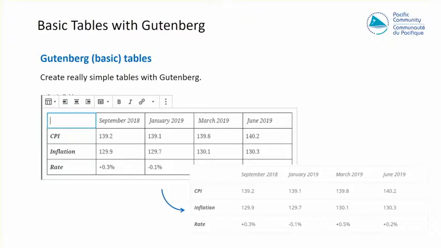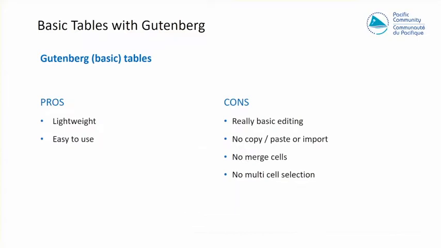So it's really basic. Still, if it works for you, well, do use this, because the simpler it is to use, the easier it is and the faster you create tables. So you can still look at this option.